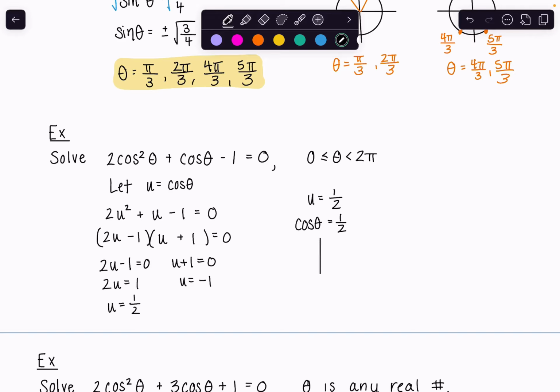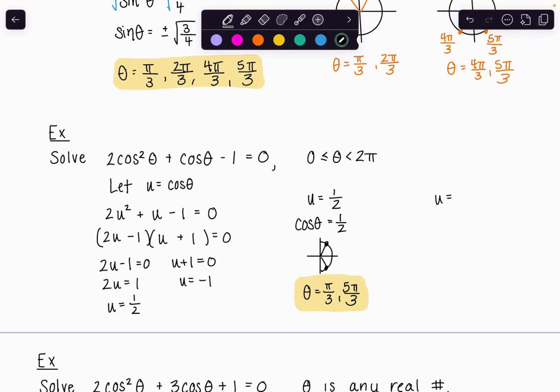And there are 2 solutions that make that true. That's exactly our first example. So it's the 2 on the right half of the unit circle with a reference angle of pi over 3. So the 2 angles that make this true are pi over 3 and 5 pi over 3. So these are both solutions to the original equation, the theta values that work.